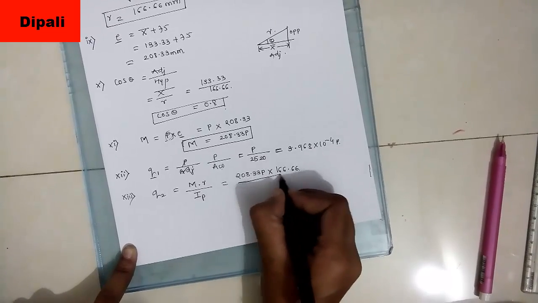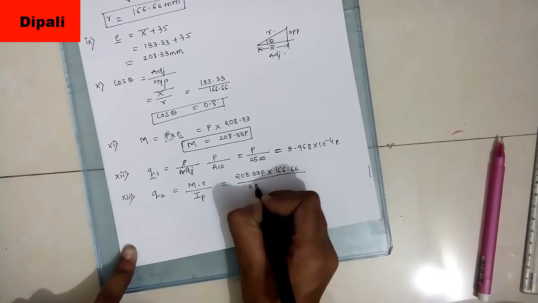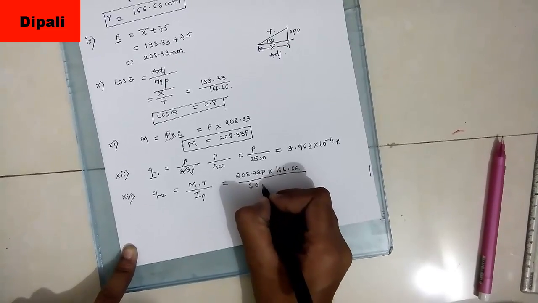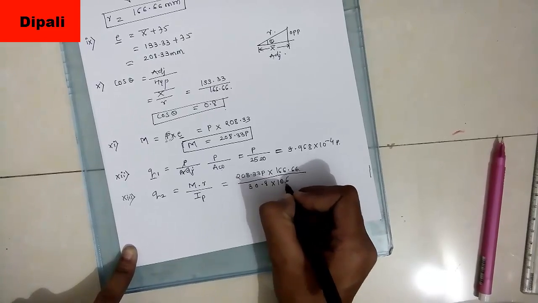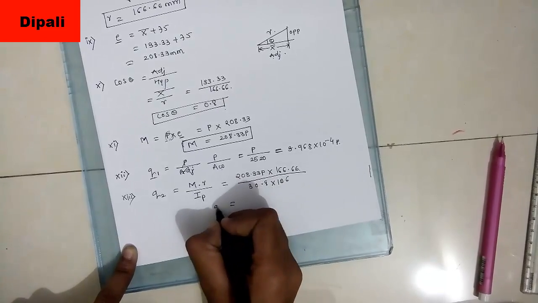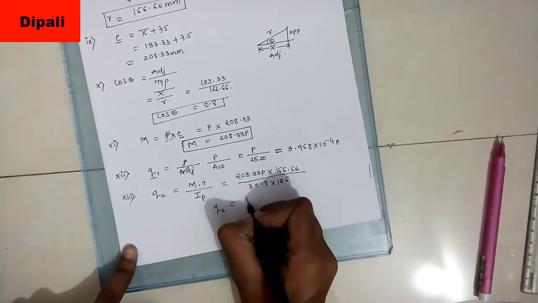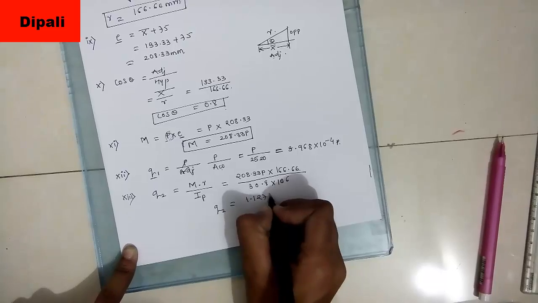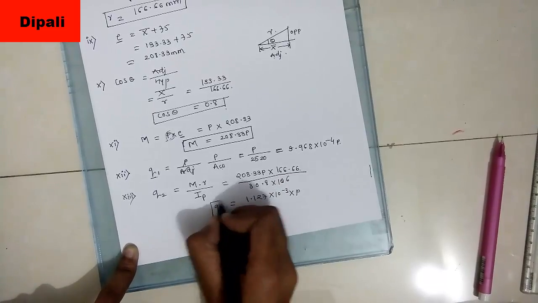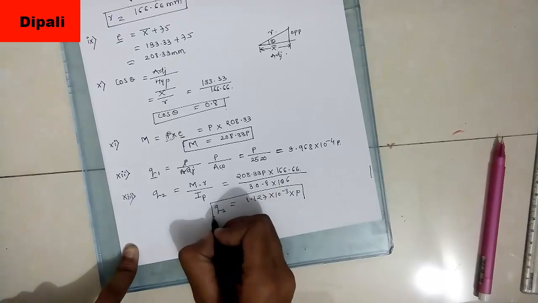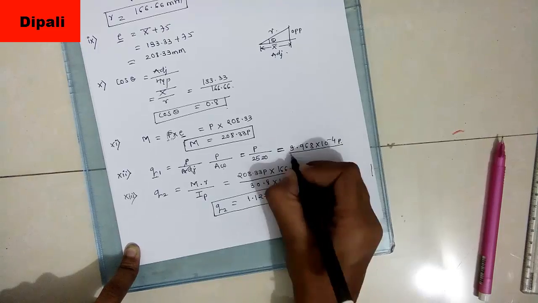Okay, and the IP is 30.8 into 10 to the power 6. Okay, after the calculation q2 is 1.127 into 10 to the power minus 3 into P. The value of q2 is also in P.